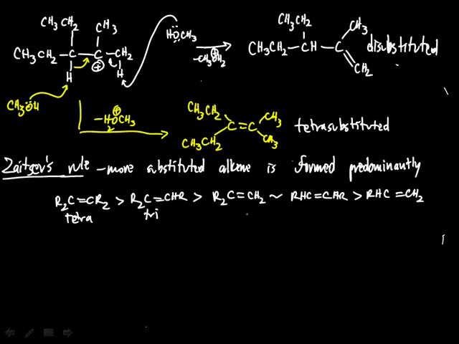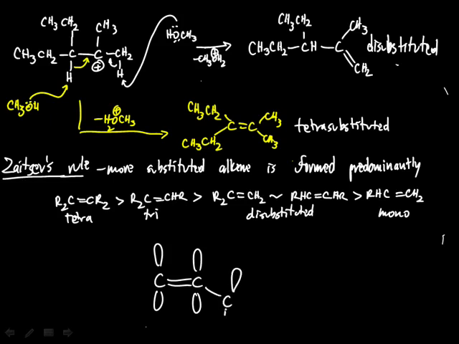The reason for this particular trend in stability lies in a phenomenon that we have already seen, and that is hyperconjugation, for the most part. So if we have our double bond, this double bond can be additionally stabilized by interaction with the sp3 orbitals of the neighboring CH bonds, in case we have those CH bonds.